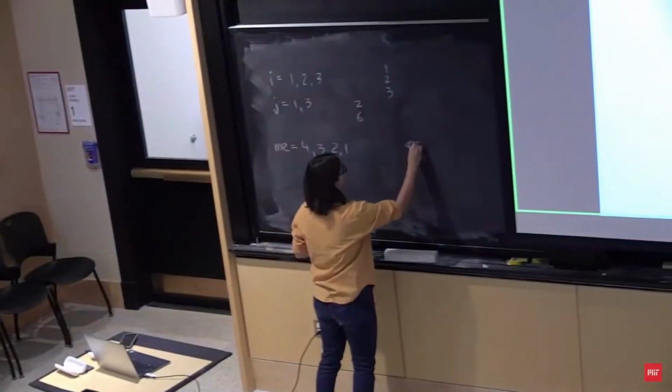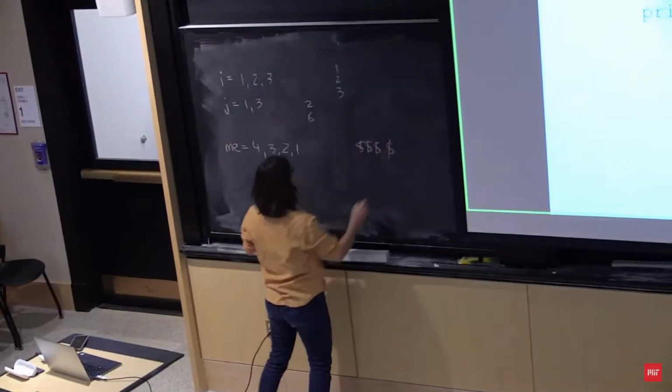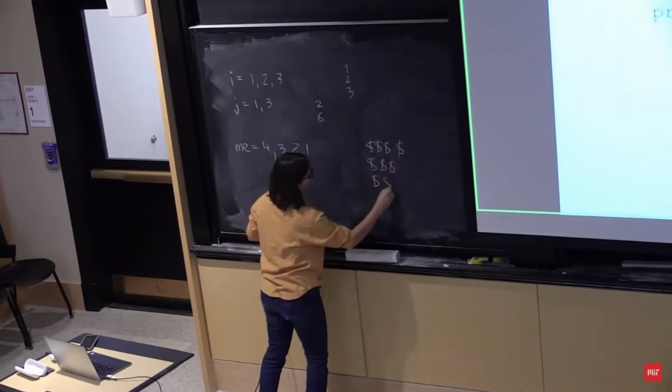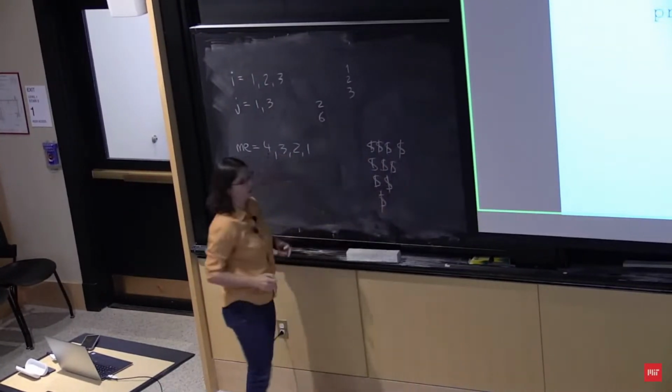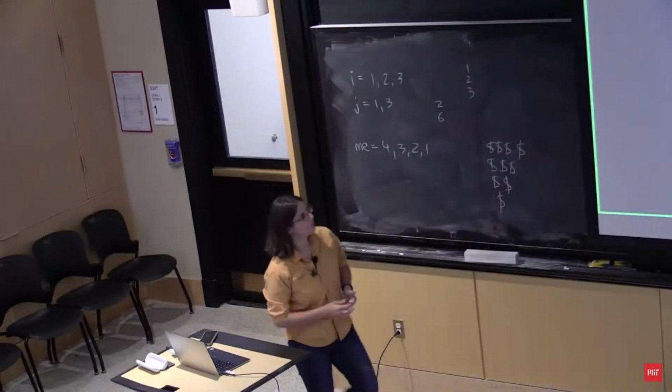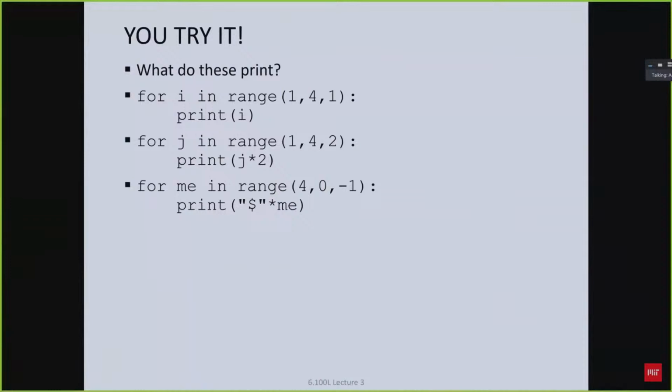Yeah, 4 dollar signs on one line for the first time, and then 3 dollar signs, and then 2 dollar signs, and then 1 dollar sign. Exactly. So the body obviously can do operations and can manipulate that loop variable. So each time that variable goes through, it changes, right? It changes, and then you can use that to your advantage.